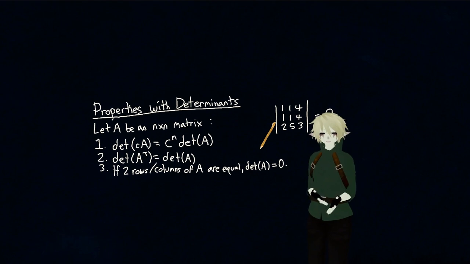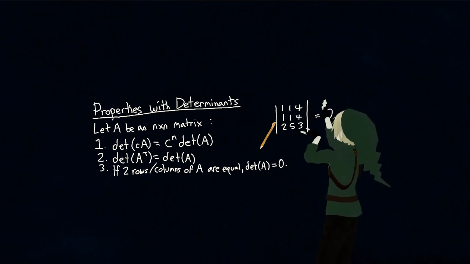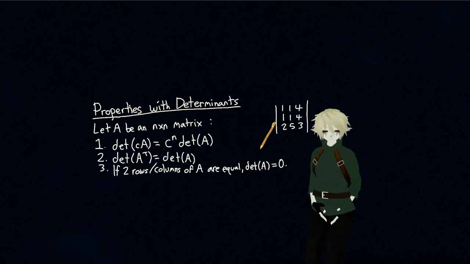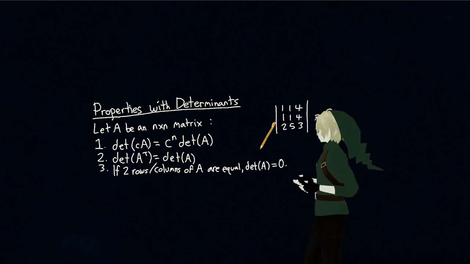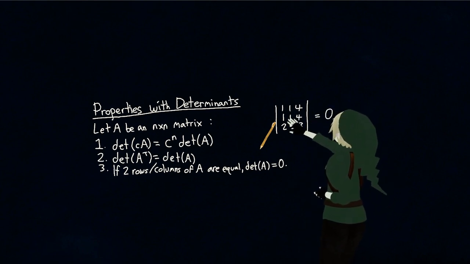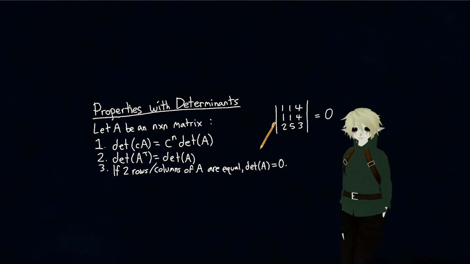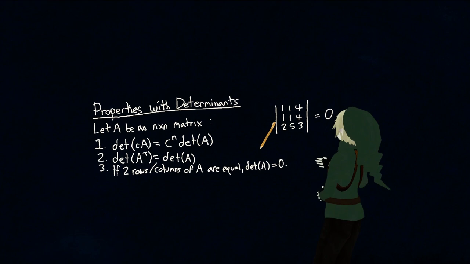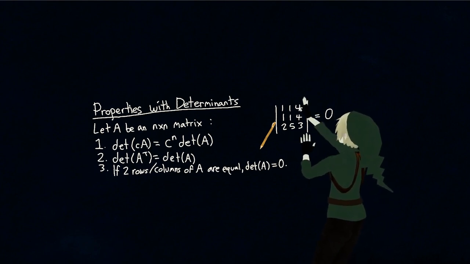It'll turn out as something else, and it'll have a free variable. Because it won't turn into an identity matrix, that means this matrix does not have an inverse. And if a matrix does not have an inverse, then the determinant of that matrix is going to equal 0.